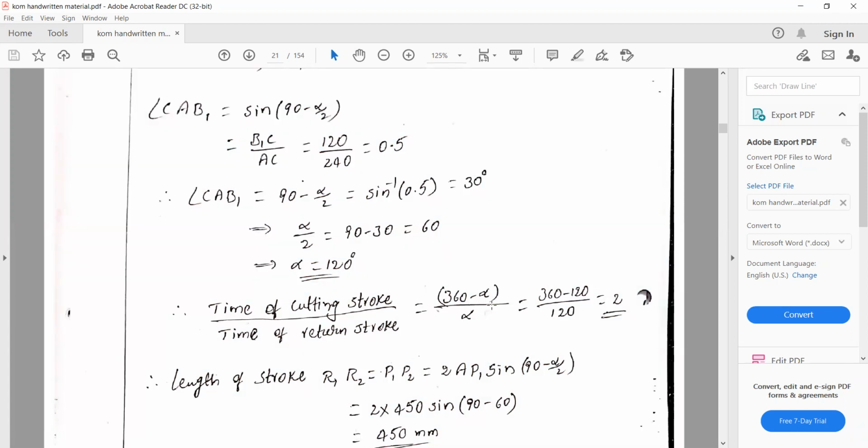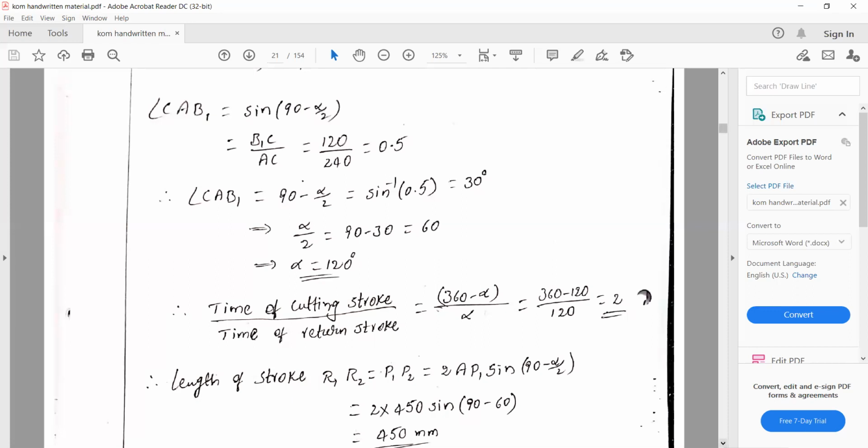Beta is 360 minus alpha because the total angular displacement is 360. So 360 minus 120 by 120 is 2. The ratio of the cutting stroke to the return stroke is 2.